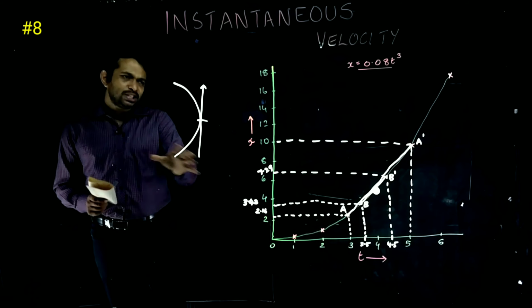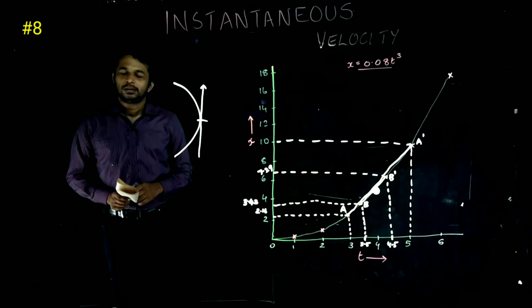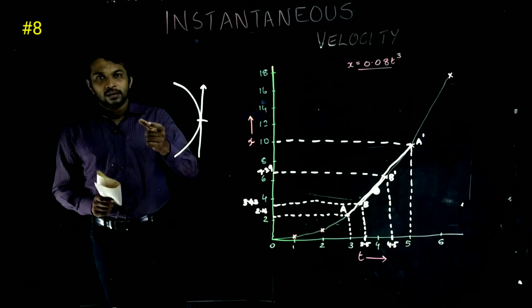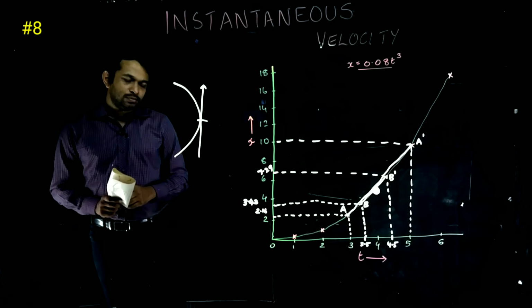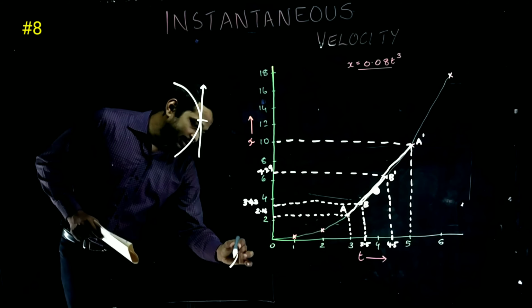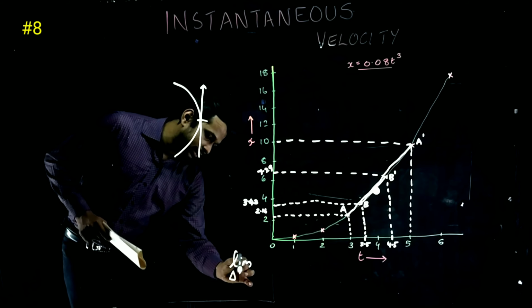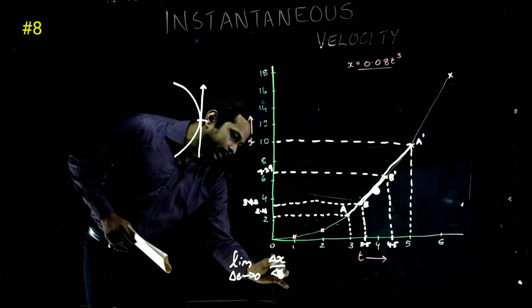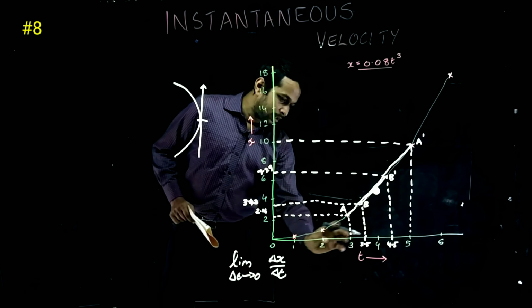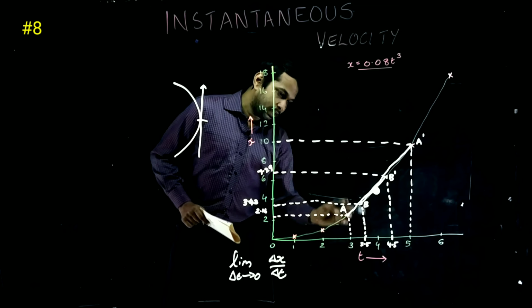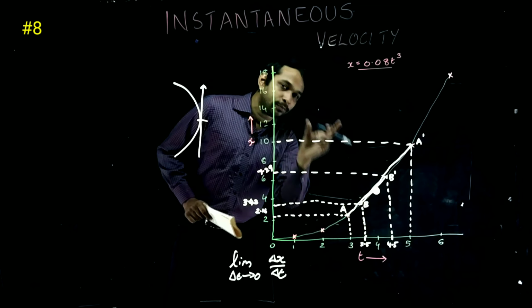Okay, and the best method to find out the instantaneous velocity is using the numerical method itself, which you might have understood by this time. Here also you can write limit delta t tends to 0 delta x divided by delta t. Here we first took the time for 3 and 5, then we reduced it to 3.5 and 4.5.